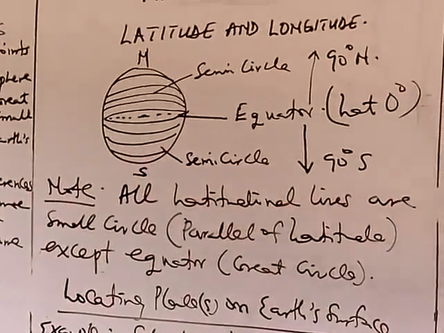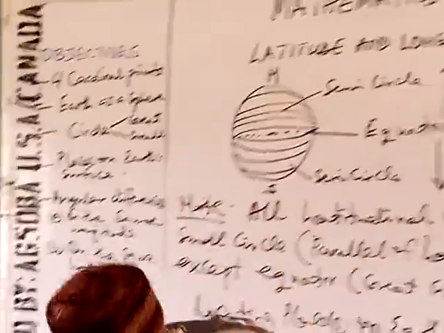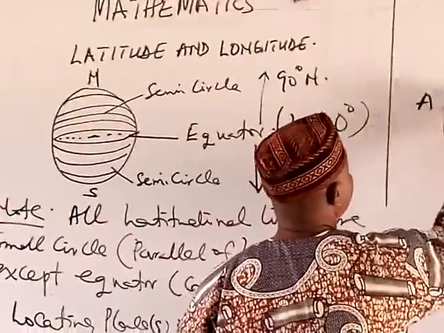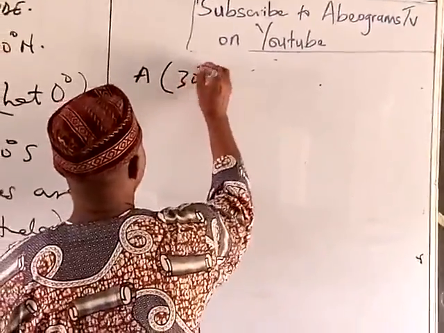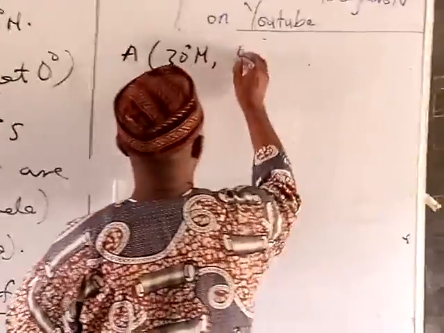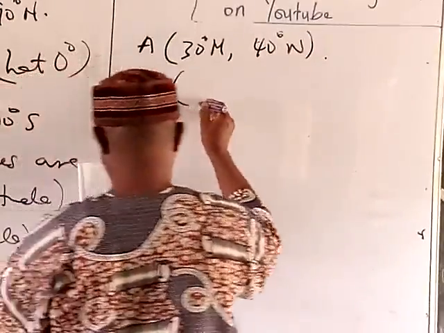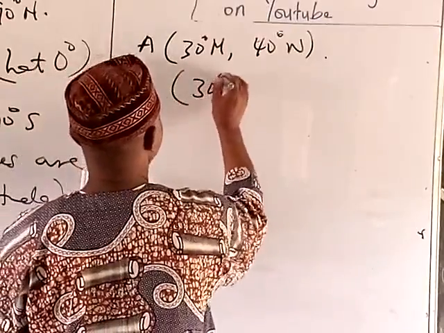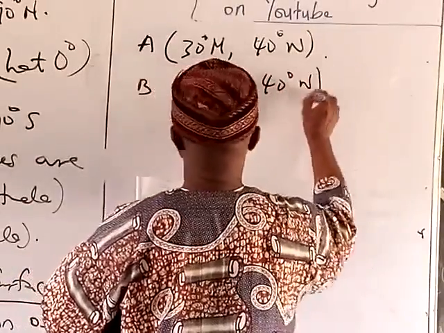When you are giving point A, you are giving 30 degrees north, 40 degrees west. B, 30 degrees south and 40 degrees west.